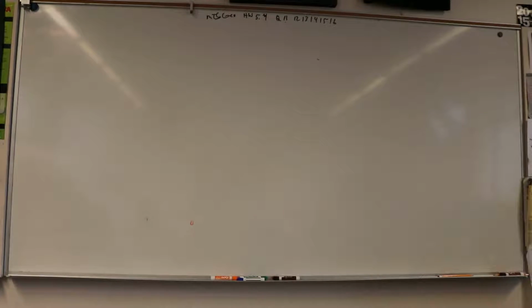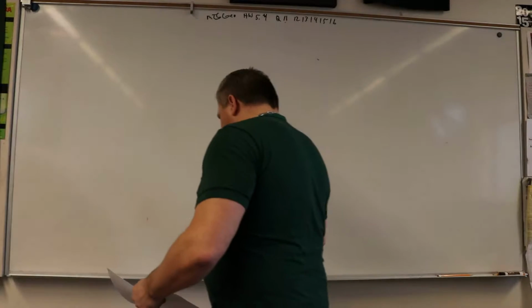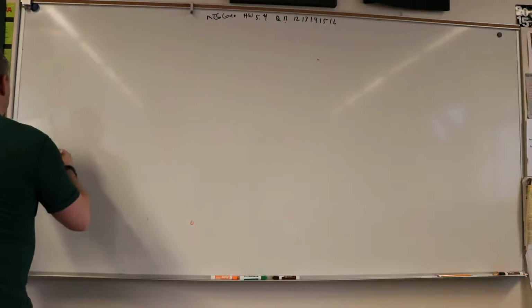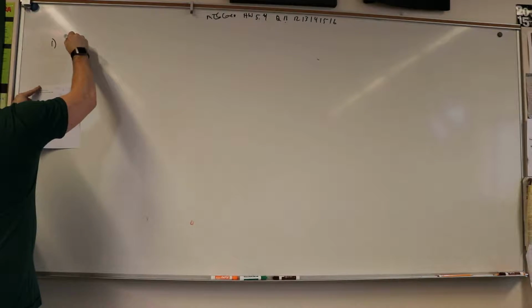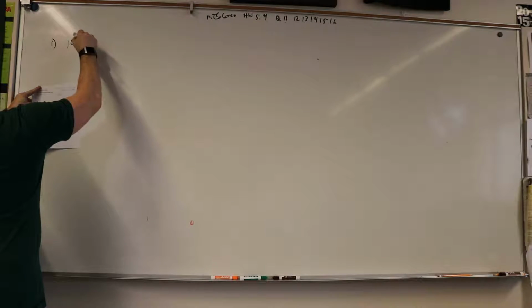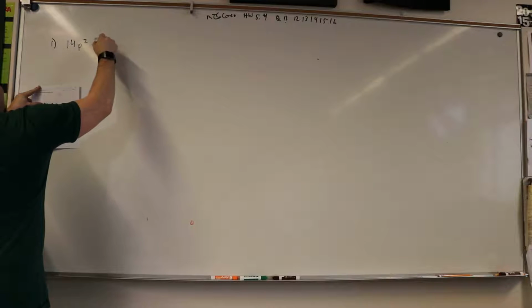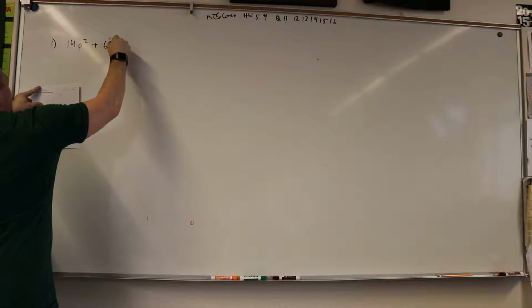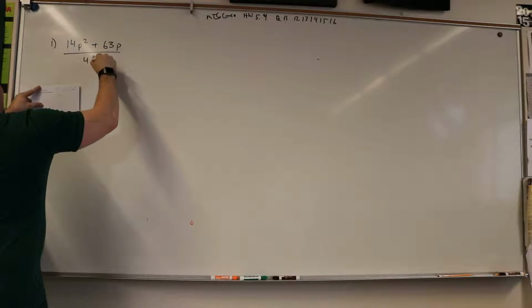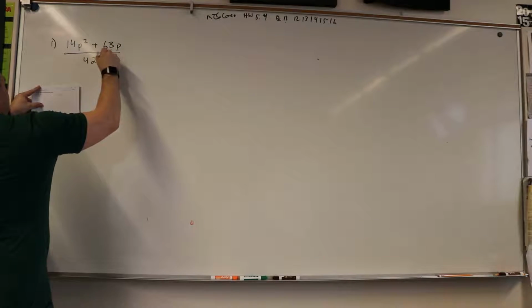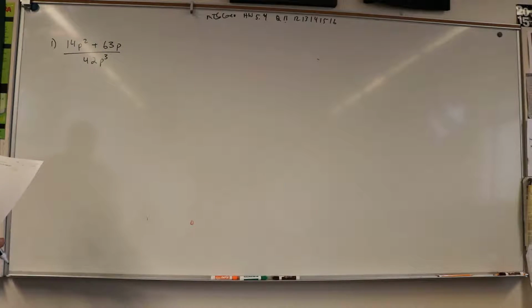Okay, so problem 1 is 14p squared plus 63p divided by 42p cubed. Okay?